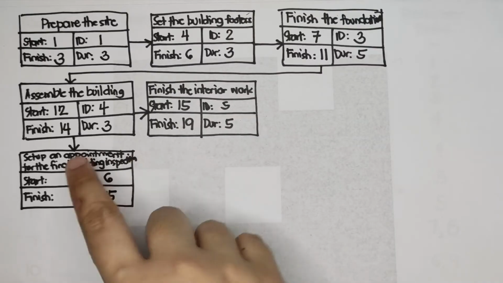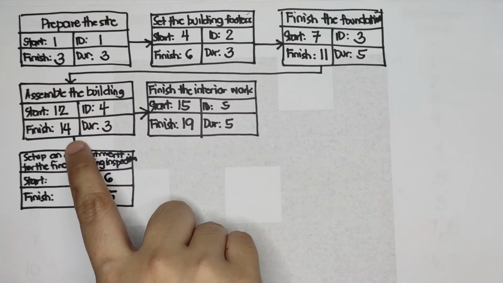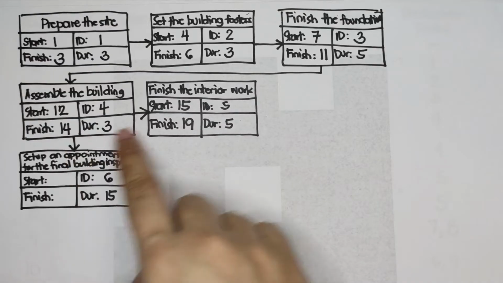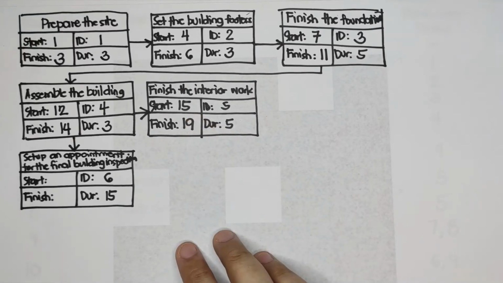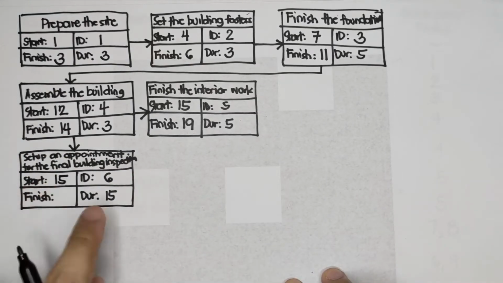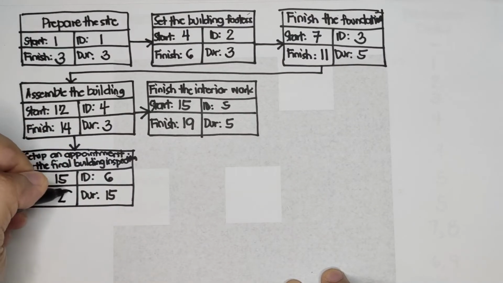Since the arrows are coming from assemble the building, the start day of set up an appointment for the final building inspection is also day 15. And then 15 plus 15, 30, minus 1, so we have 29.